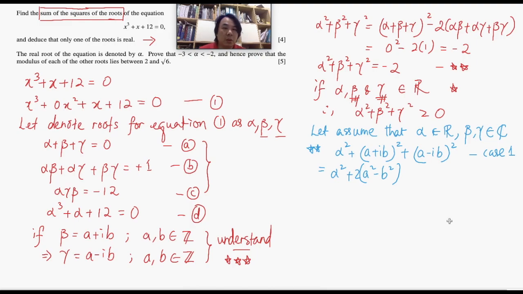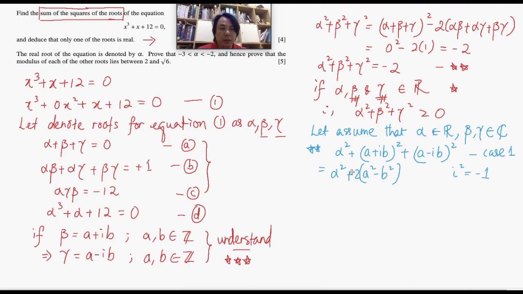I hope I did that correctly. Alright, let me check one more round. That is 2ab, this is minus 2ab, so they cancel each other. And then this is plus i squared. So don't forget i squared is actually negative 1.